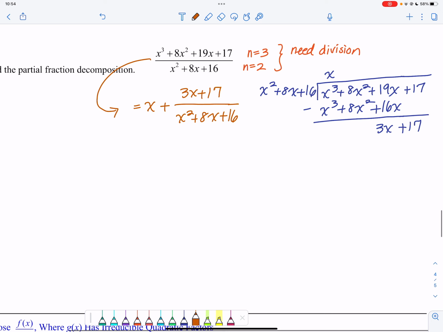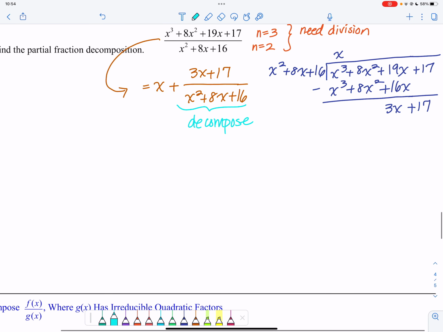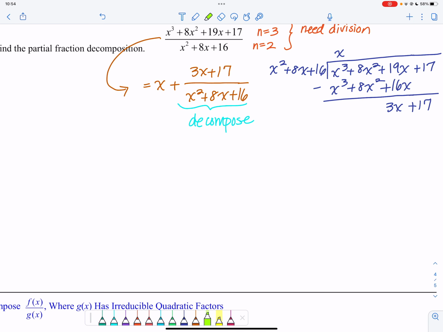Okay, so now what do you notice? Now we will just decompose this rational expression, okay? And then we won't forget about this x when we're finished.